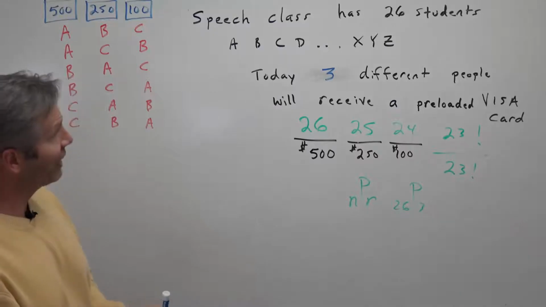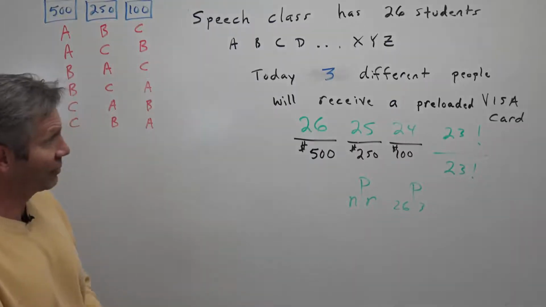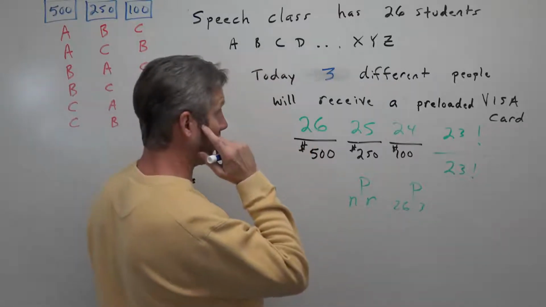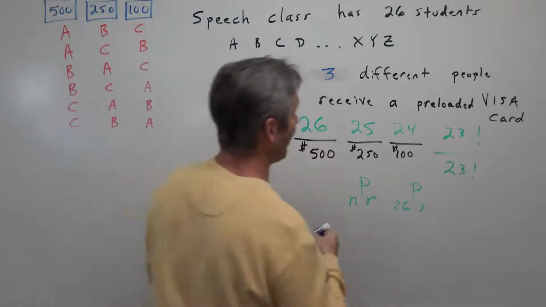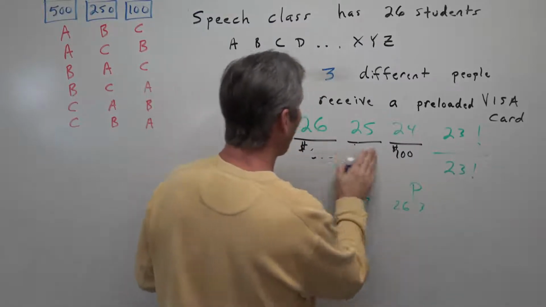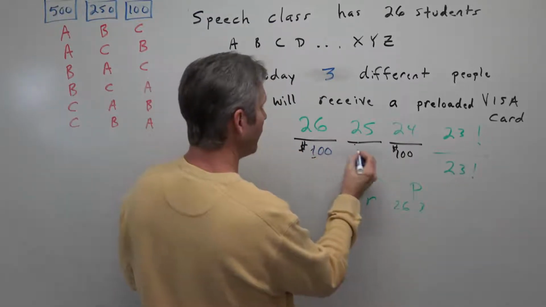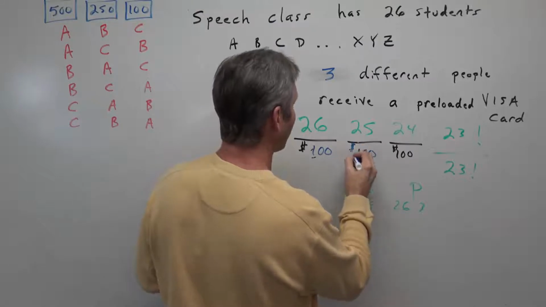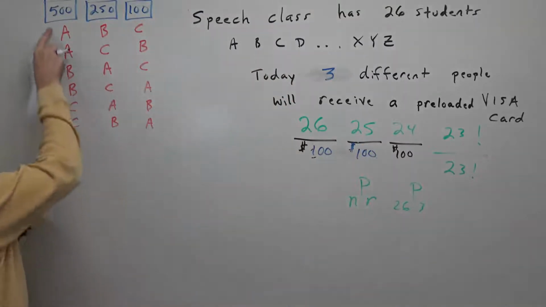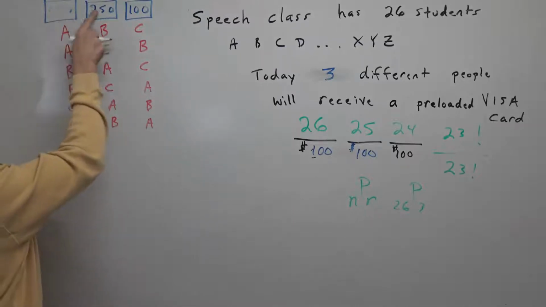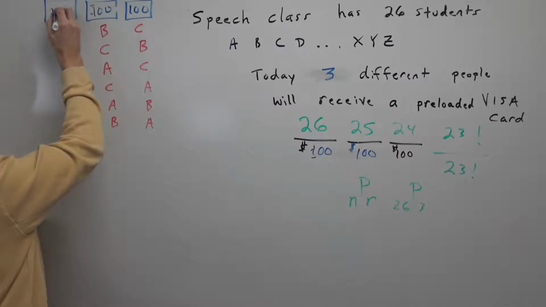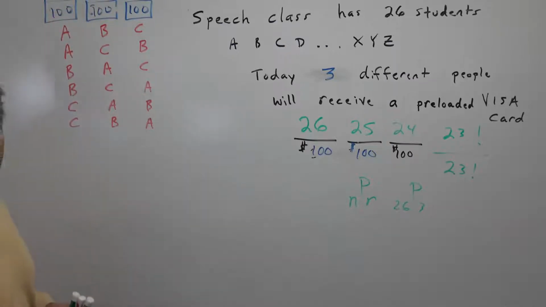But what if we change this problem up just a little bit, and we're going to give 3 different people a card, so they have to be different people, but the preloaded amount, they're all $100 cards. So they're all the same. Well, now, do you agree it doesn't matter what order we selected them in, because they're all going to get this exact same prize, a $100 gift card.